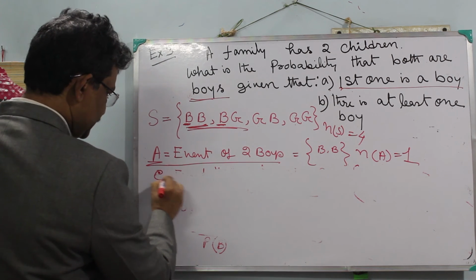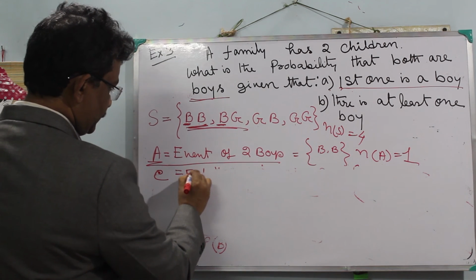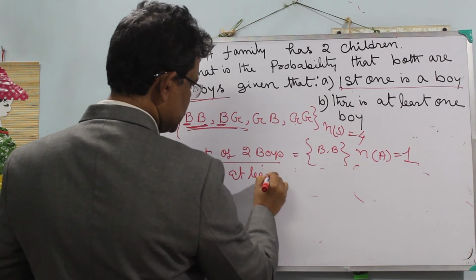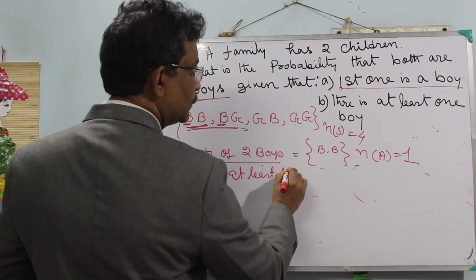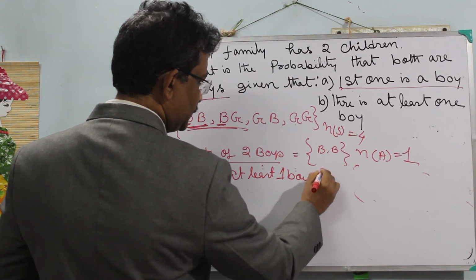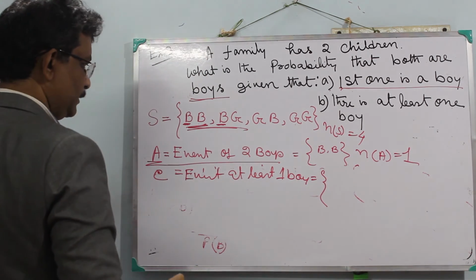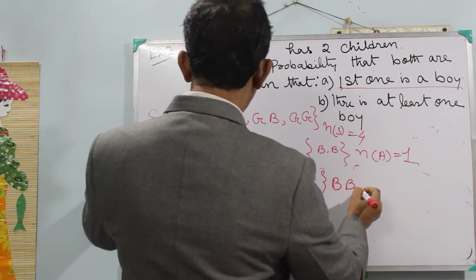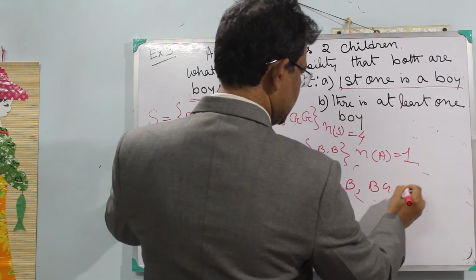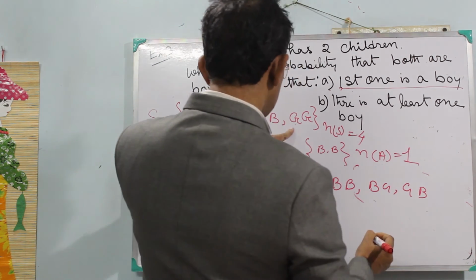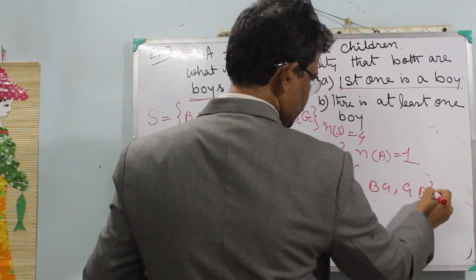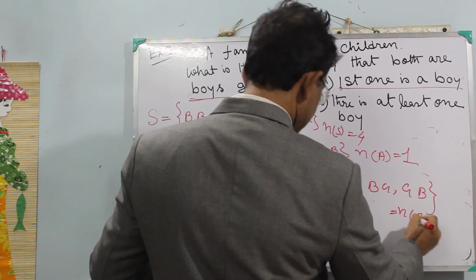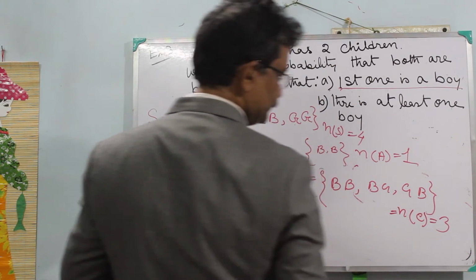So let's see the event C, at least one boy. What are its elements? BB, BG, GB. GG, no, both are girls, no boys. So at least one boy, so the number of elements of C is 3.